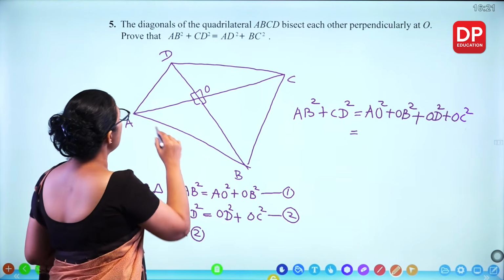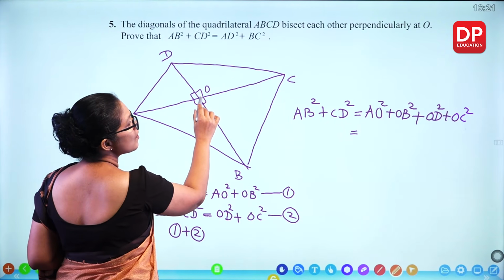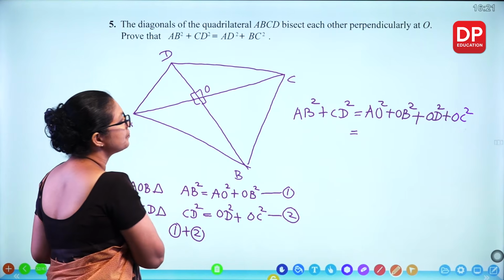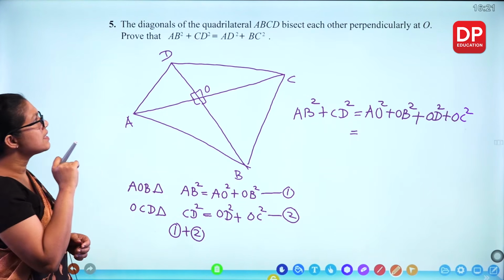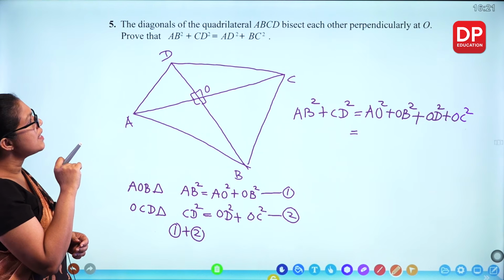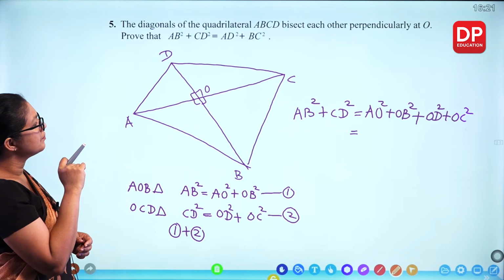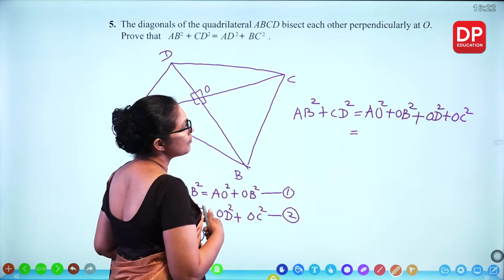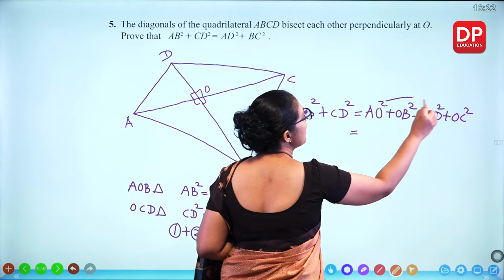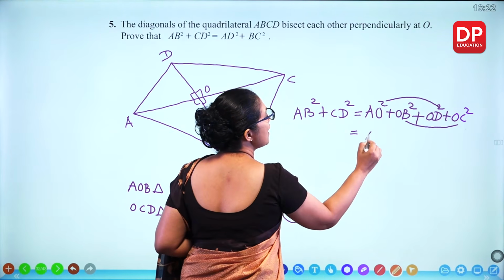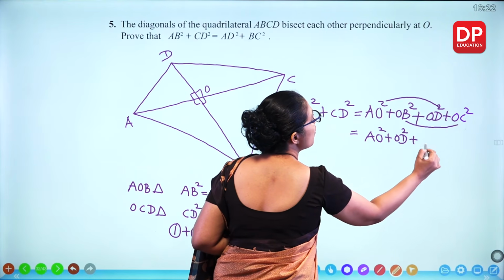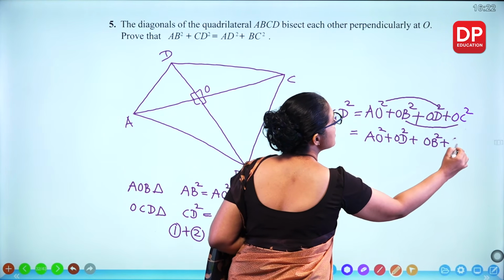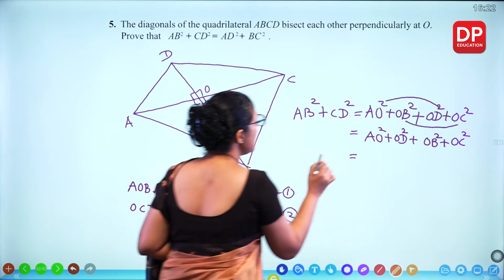Now look at carefully. AO plus OC. This squared plus this squared, we get AC squared. I'll take these two together and these two together. AO squared plus OD squared. OB squared plus OC squared. Now look at the diagram and see.